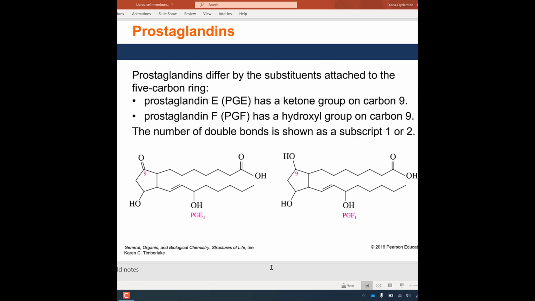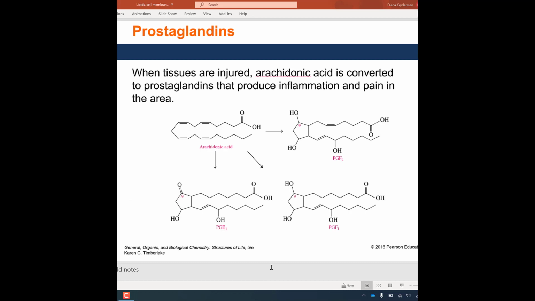So here are some examples of pictures of just a couple of prostaglandins. So prostaglandin E and F. Okay, so in fact, let me actually skip forward to this image. So here is arachidonic acid. So here is kind of our starting point. And so this is kind of what we would get with pain.